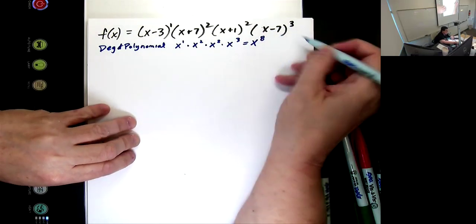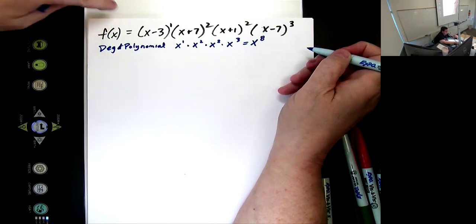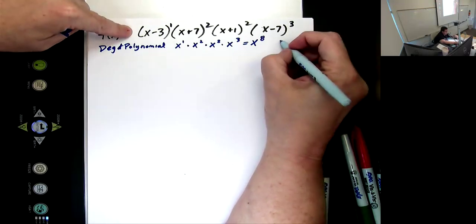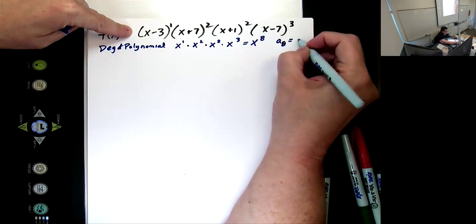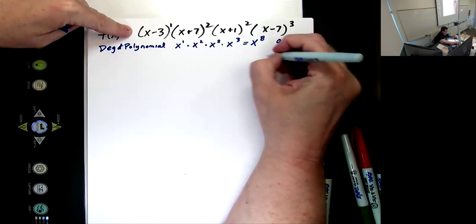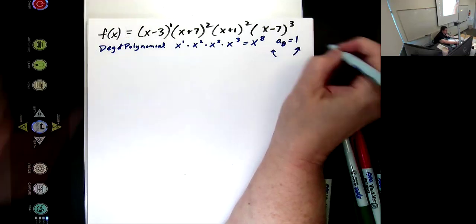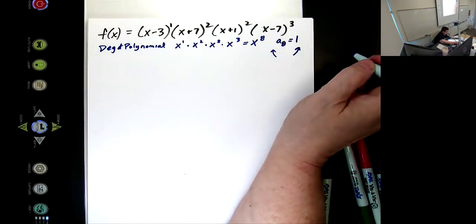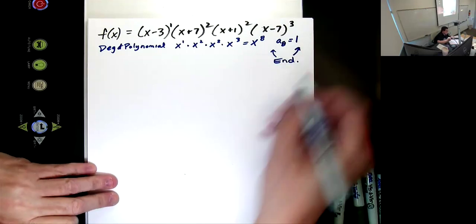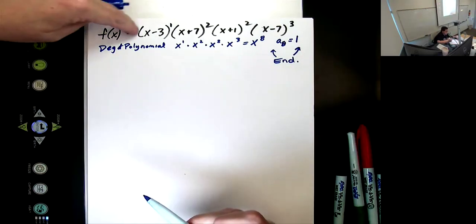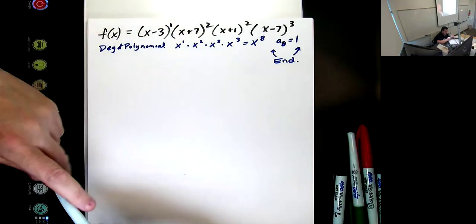This is an x to the 8. There's no number in front of this, which means a sub 8 is 1. It's even, which means end behavior is both upwards. Okay, so we've got our end behavior right here.